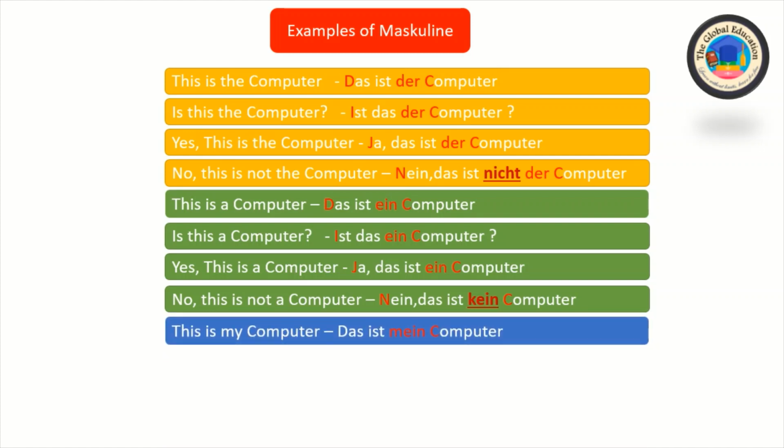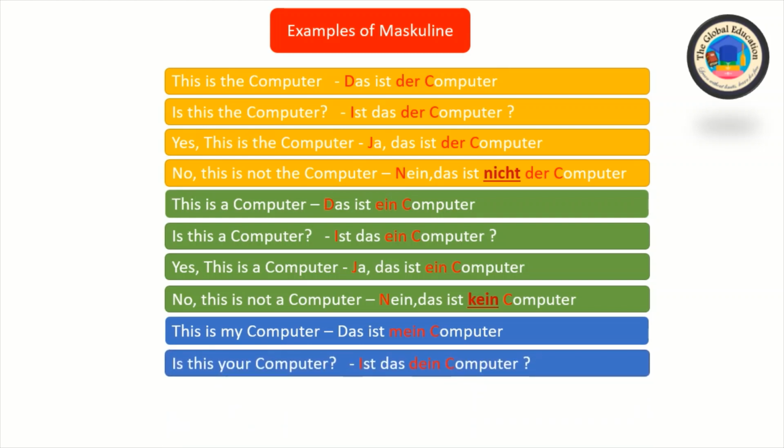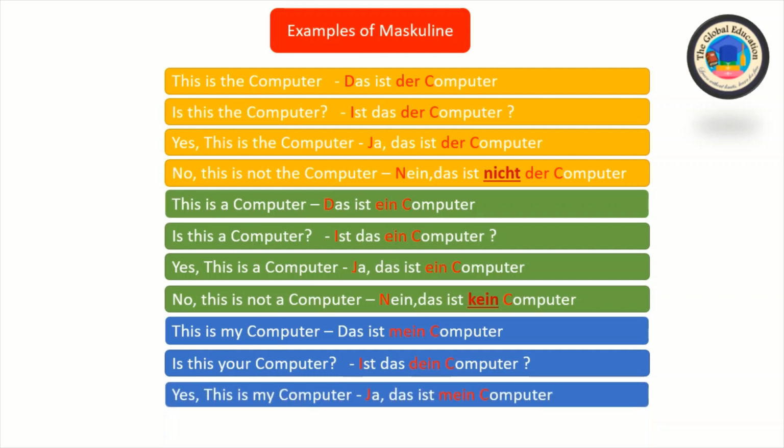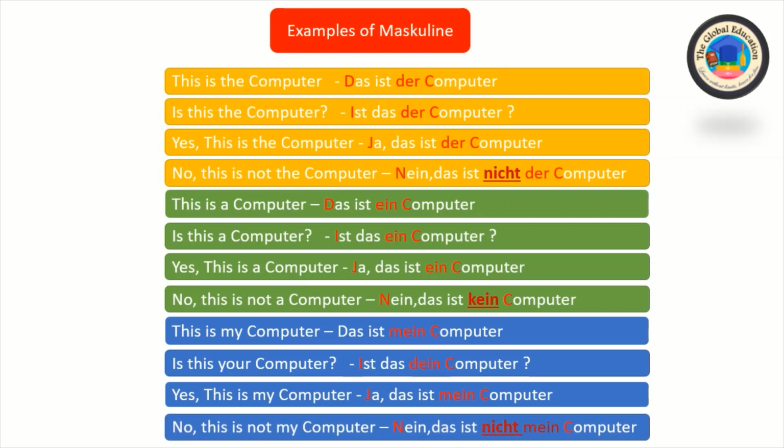This is my computer. Das ist mein Computer. Is this your computer? Ist das dein Computer? Yes, this is my computer. Ja, das ist mein Computer. No, this is not my computer. Nein, das ist nicht mein Computer.